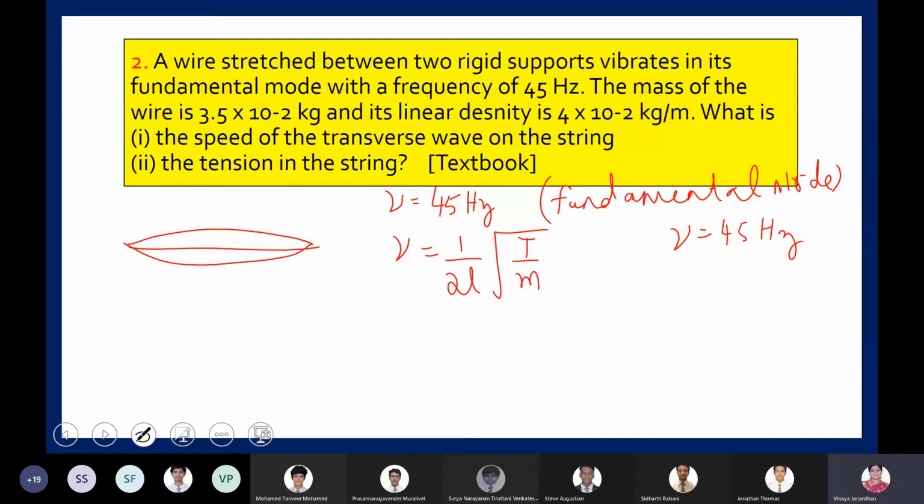Right, boys? The mass of the wire is 3.5 into 10 to the power of minus 2 kilogram. Density rho is equal to 4 into 10 to the power of minus 2 kilogram per meter. That's the linear density.